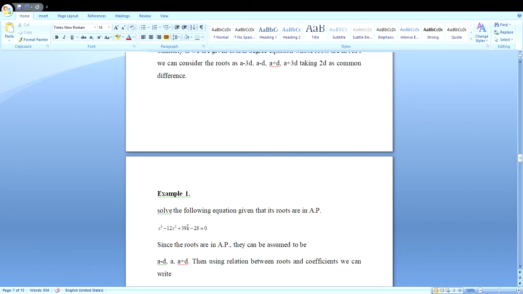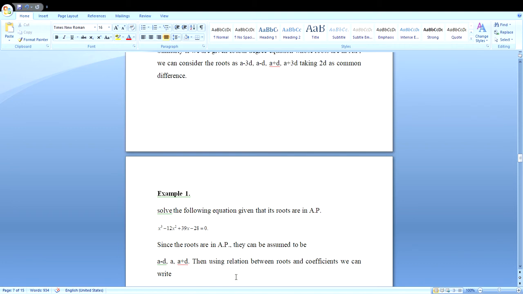Example 1. Solve the following equation given that its roots are in AP. That is, solve x cube minus 12x square plus 39x minus 28 equal to 0. Solution. Since the roots are in AP, they can be assumed to be a minus d, a, a plus d.